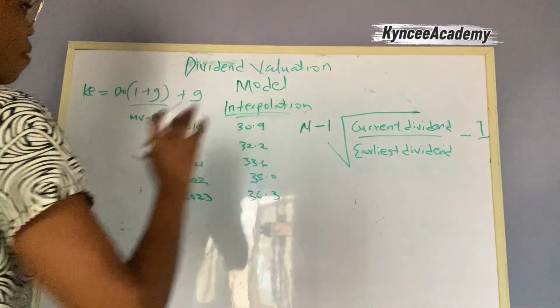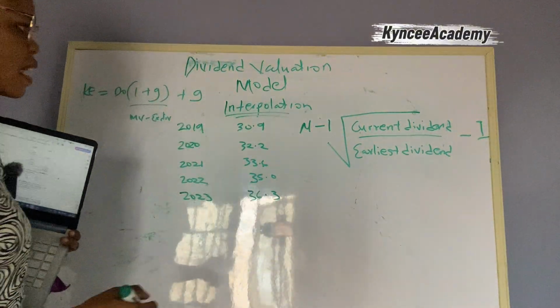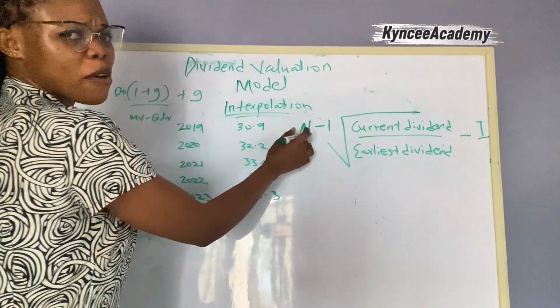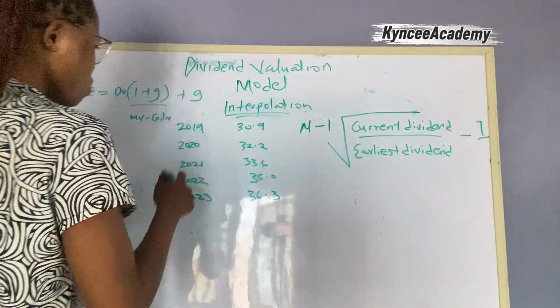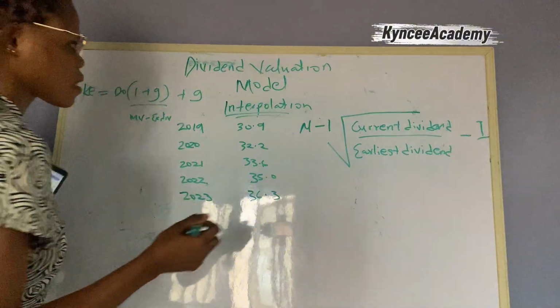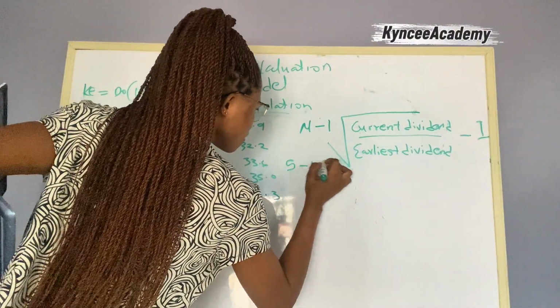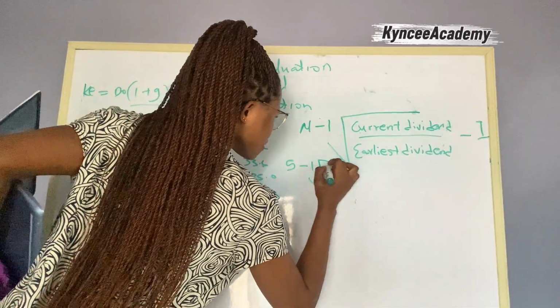So this is the formula for interpolation. Now let's include our figures. First of all, n stands for number of years. So we have 1, 2, 3, 4, 5. That's 5 years. So now we say 5 minus 1 root.